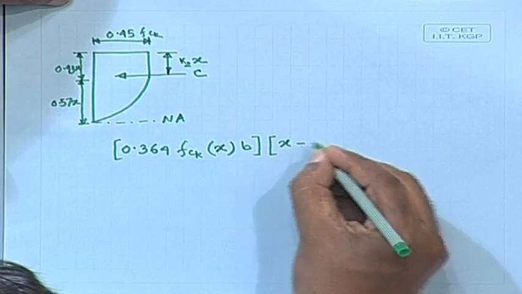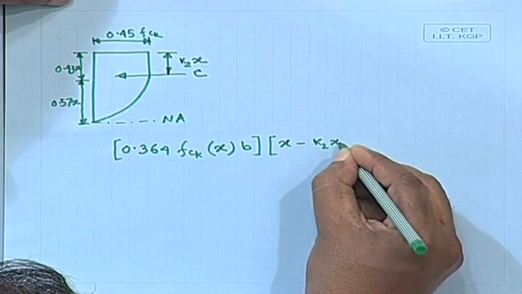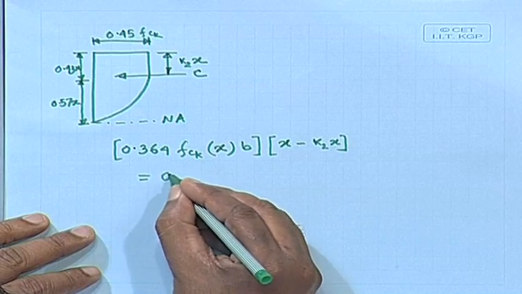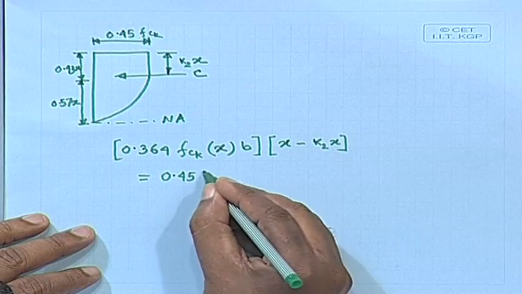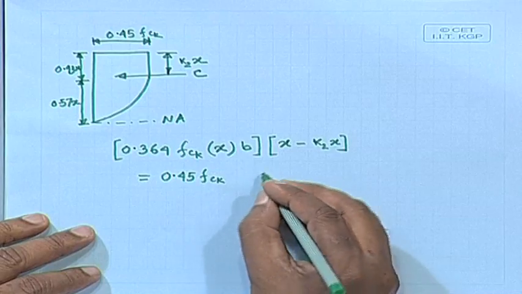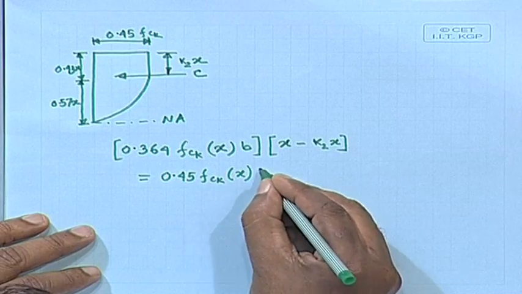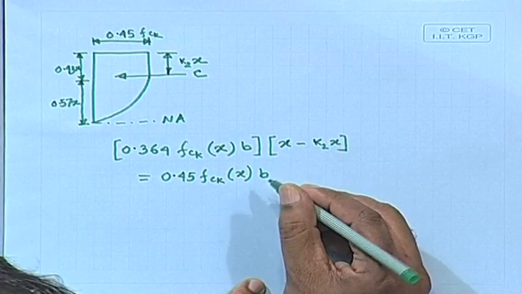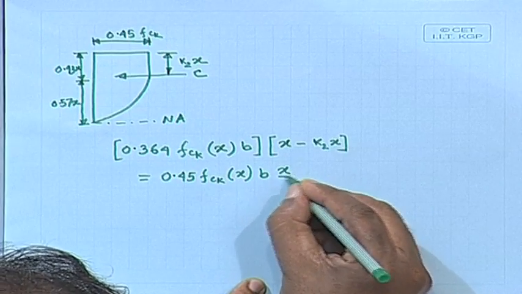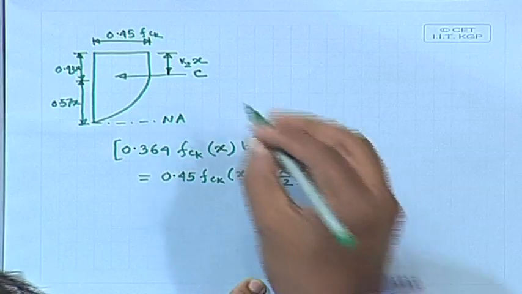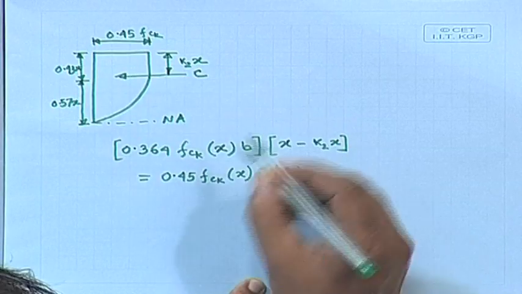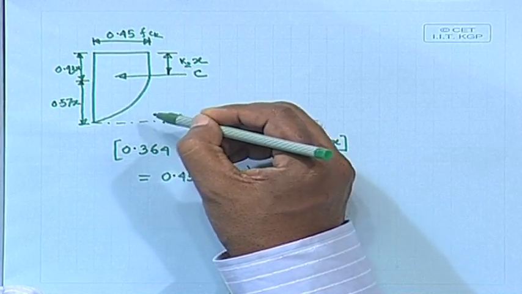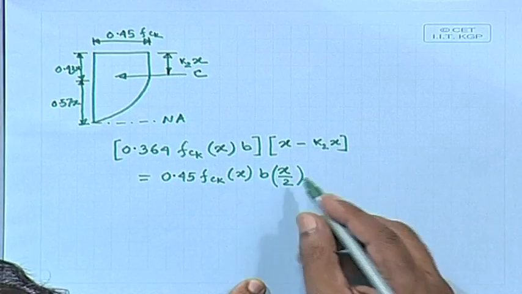x minus K2x, which is equal to 0.45 FCK XB times x by 2, the total rectangle 0.45 FCK times x, and CG width x by 2.